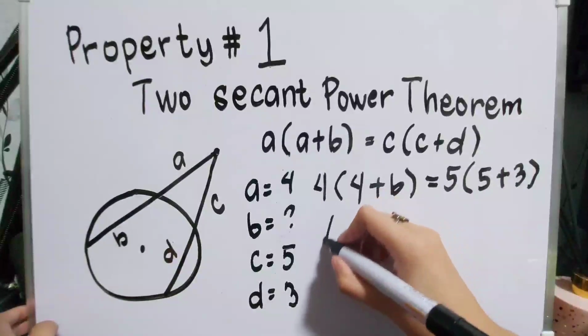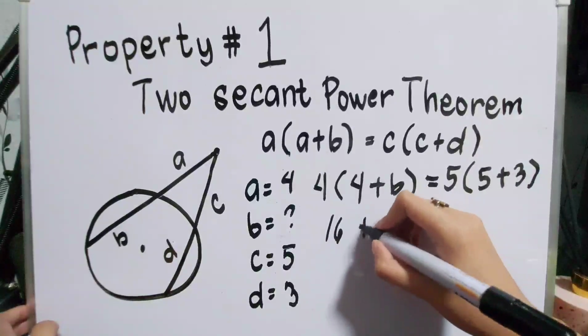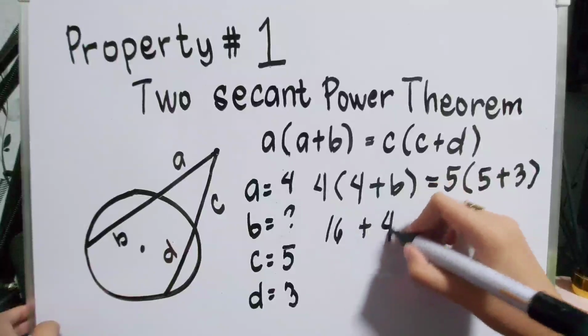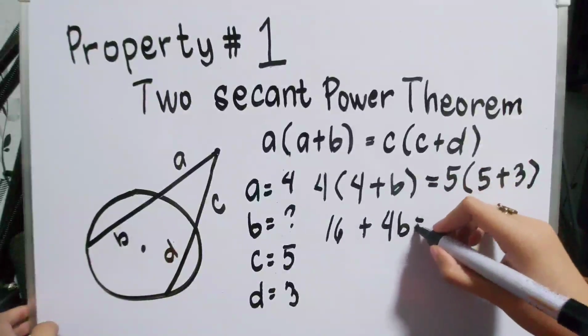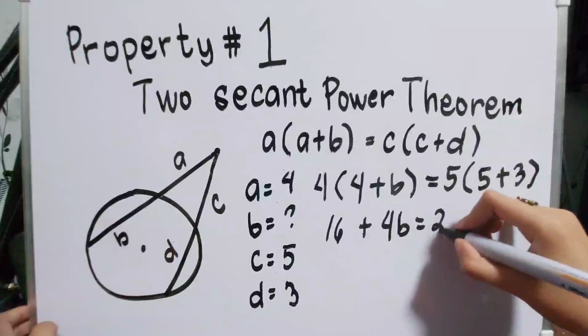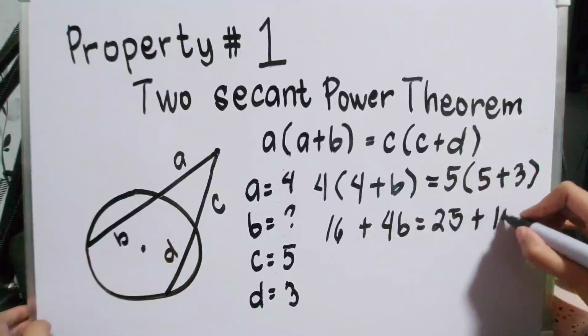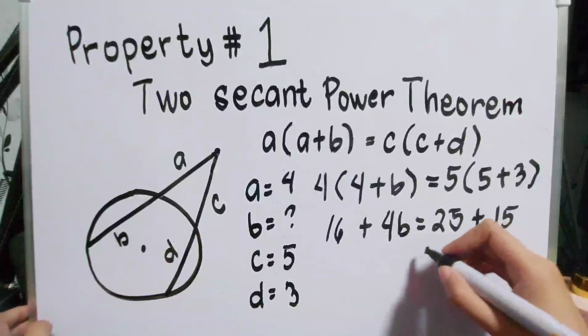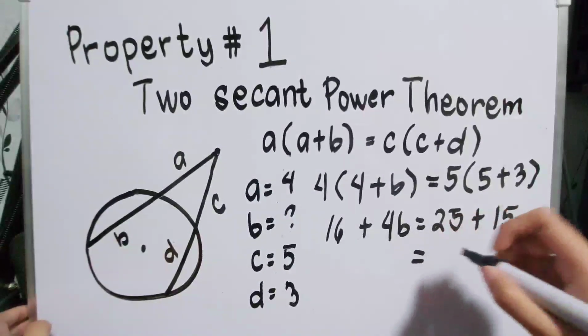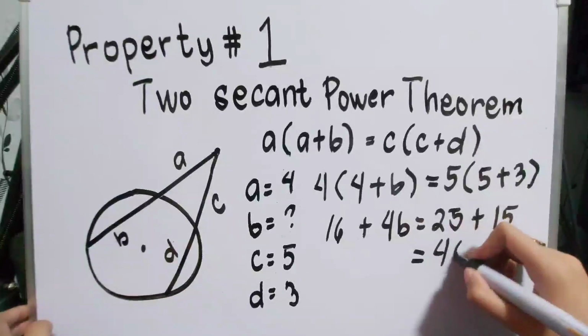So 4 times 4, 16 plus 4B equals 5 times 5, 25 plus 5 times 3, 15. So we have here 25 plus 15 is 40.